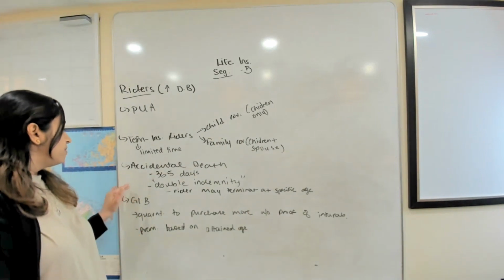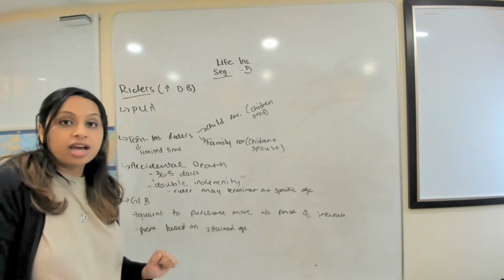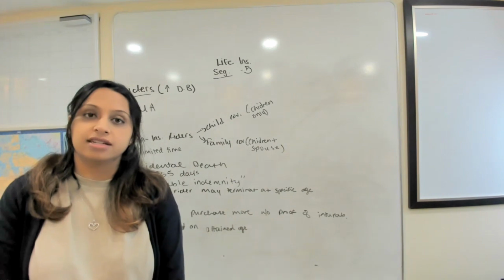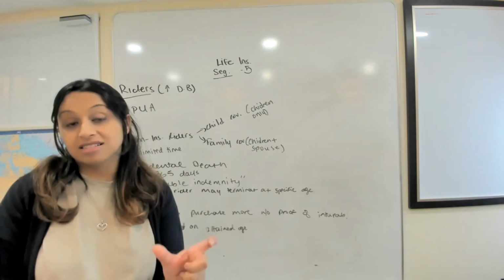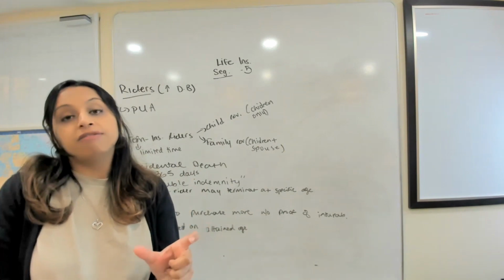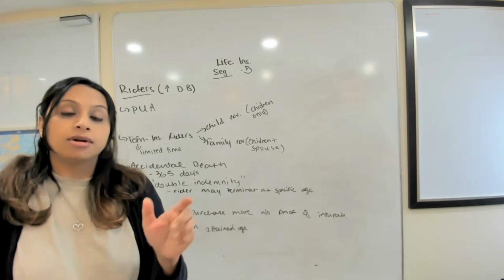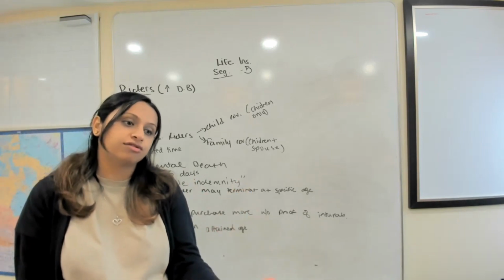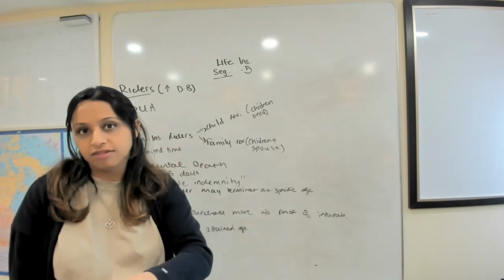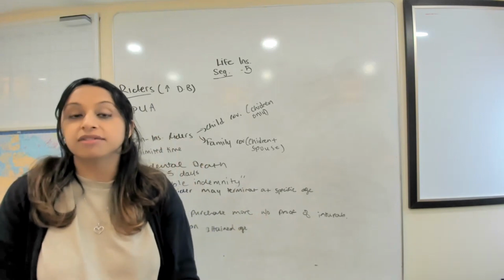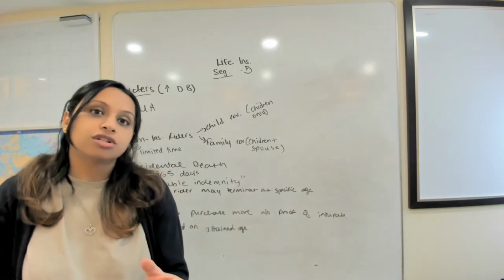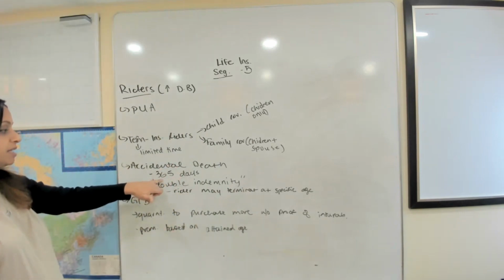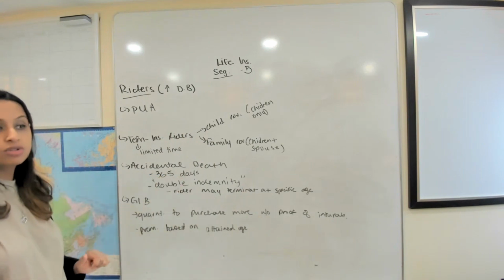The next rider that can be added is called accidental death. This is when someone passes away because of an accident, and the word accident is important. If it's ruled afterwards that it wasn't an accident, say a person actually passed away because of a heart attack while driving, then this rider won't apply. There is also a limitation of 365 days, so a year.